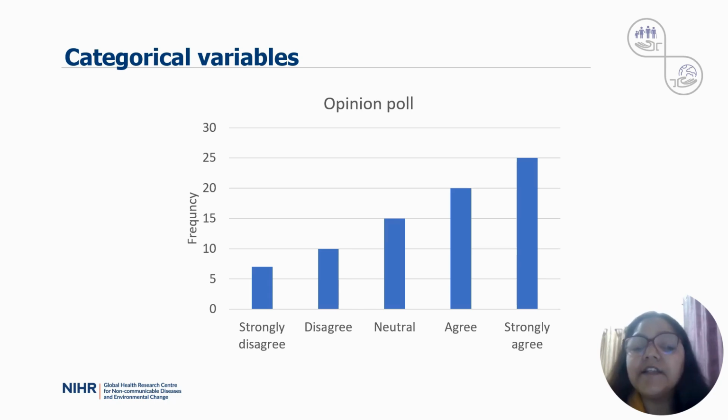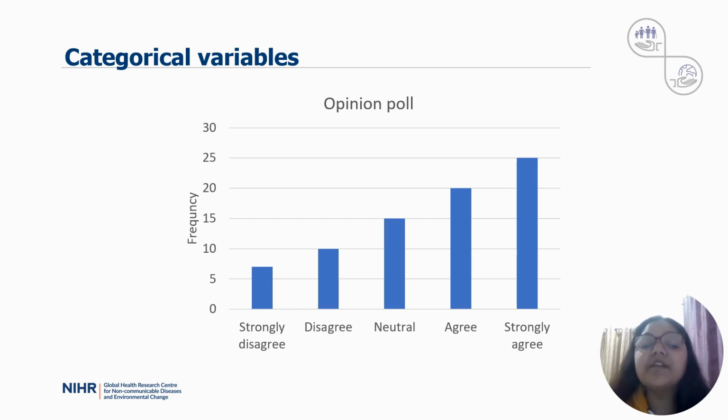Here, each category has a bar as high as the number of people that responded to that particular category. So, for example, the maximum number of participants in your study could have opted for the strongly agree option in this particular question of the opinion poll.